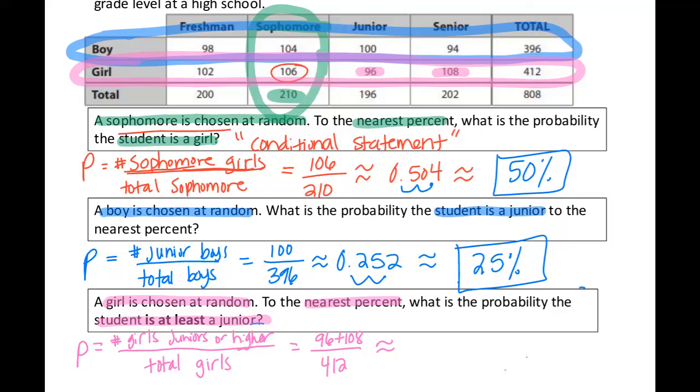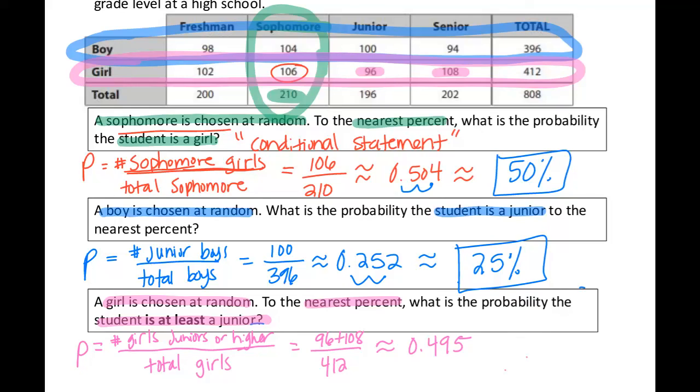So you're going to do 96 plus 108 and then divide by 412. And then to 3 decimal places, what do you get? 96 plus 108 divided by 412. 0.495.